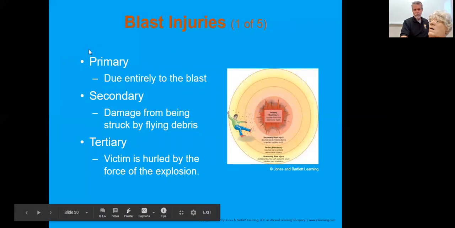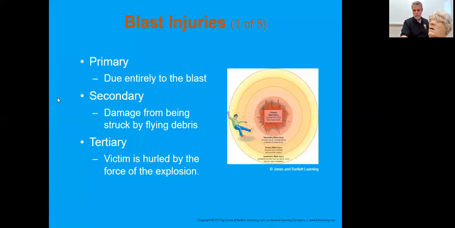On blast injuries, there's primary, secondary, tertiary, and also a quaternary injury. The first is due entirely to the blast itself. Secondary is damage from flying debris. I'm not going to tell you how to make a pipe bomb or a dry ice bomb, but sometimes you put certain things in that, and that would be an example of a secondary injury, where there are things flying free, or even something that was in one area and then was projected into the patient.